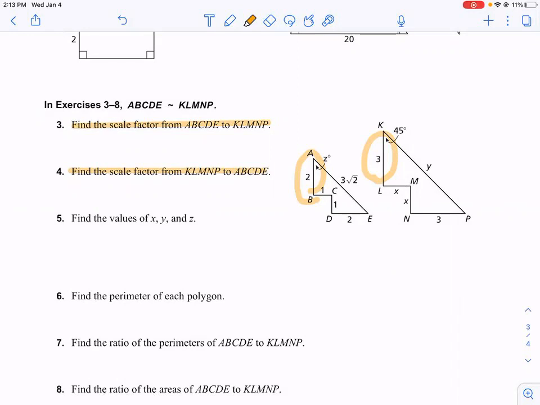So 3 halves. Where do you put that? Oh, right. 2/3. Next 5. Oh, yeah.